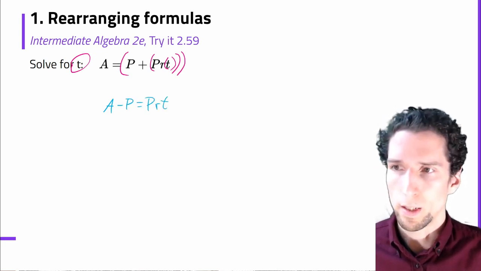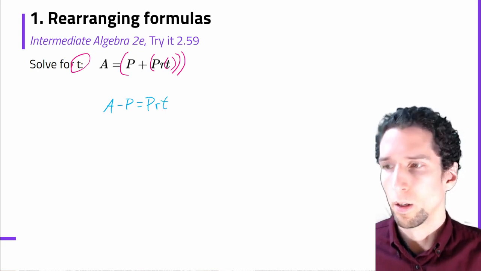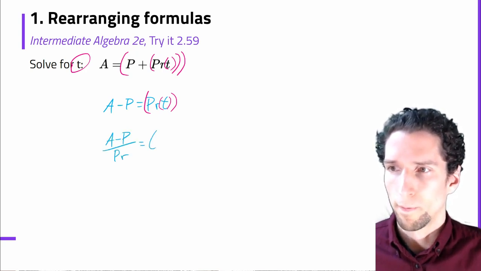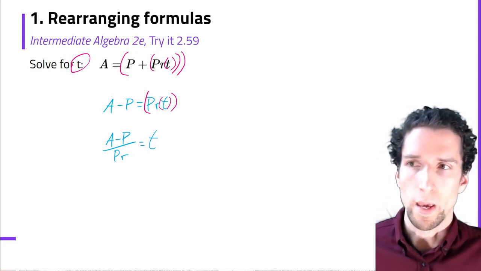And then the next line, we're just dividing by pr. Put those brackets back in here like this. Dividing by pr, so a minus p over pr equals t, and we're done.